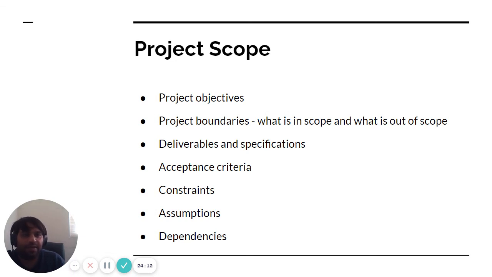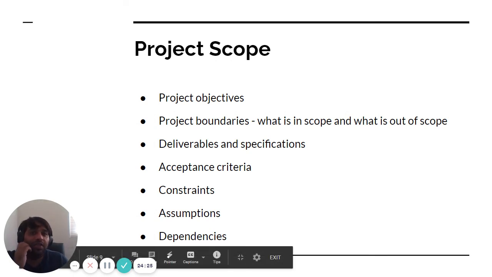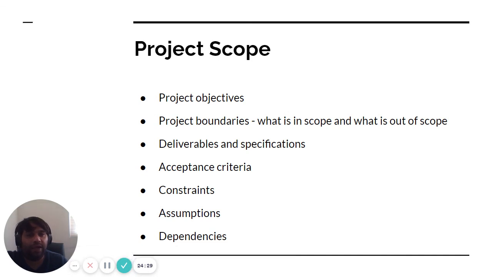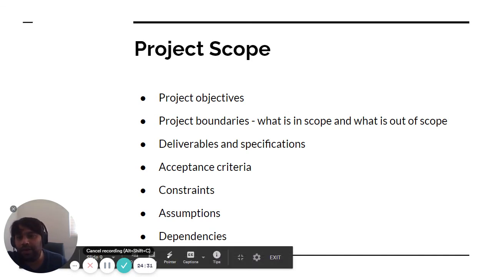Those are the dependencies. So you have to provide those dependencies. This is the dependency, this is a limitation. We cannot exceed these limitations, right? So this is the project scope, and this will conclude our today's session.